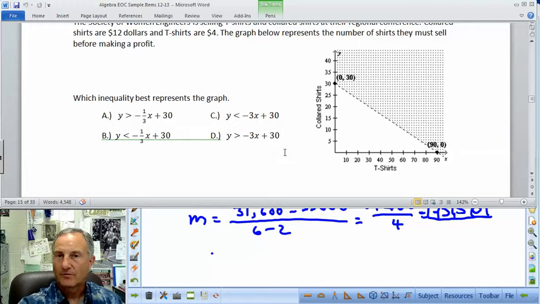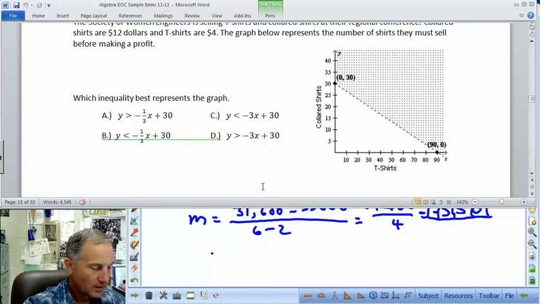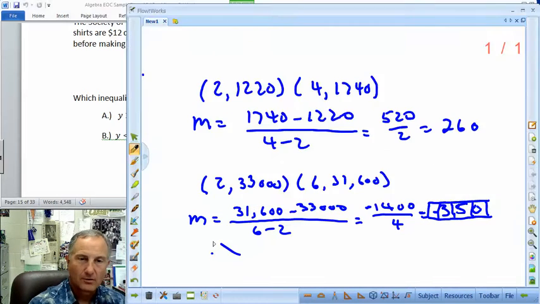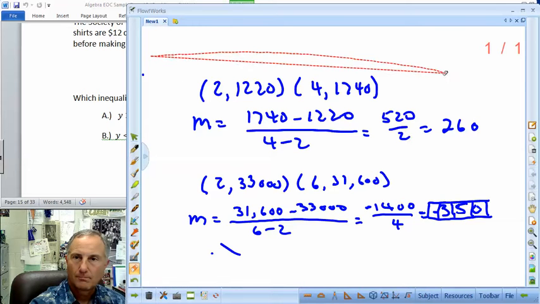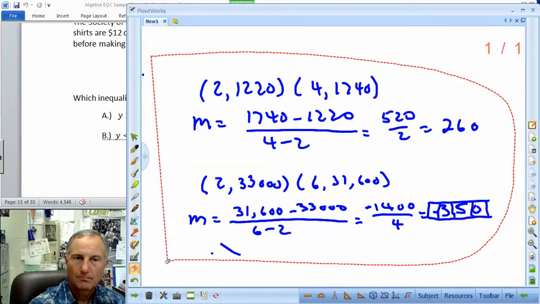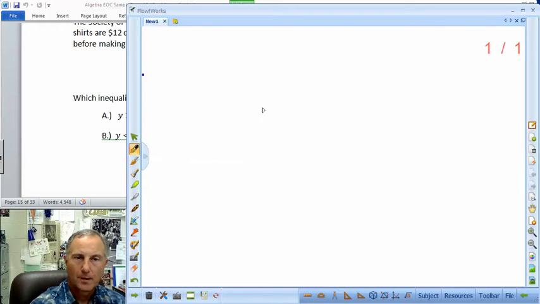All right, so let's find our slope right here. We've got 0, 30, and 90, 0. So kind of like what we were doing down here. Let's get rid of all of this. So 0, 30, and 90, 0.